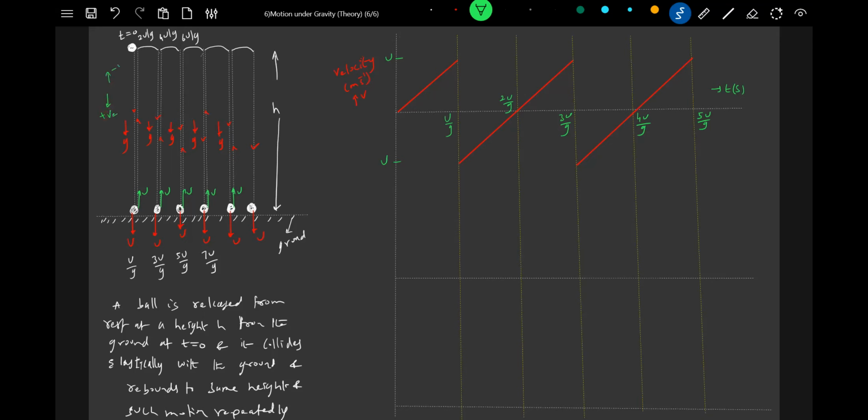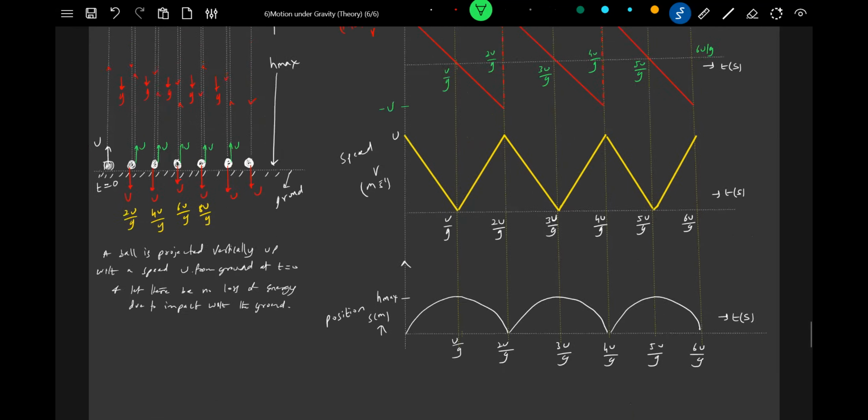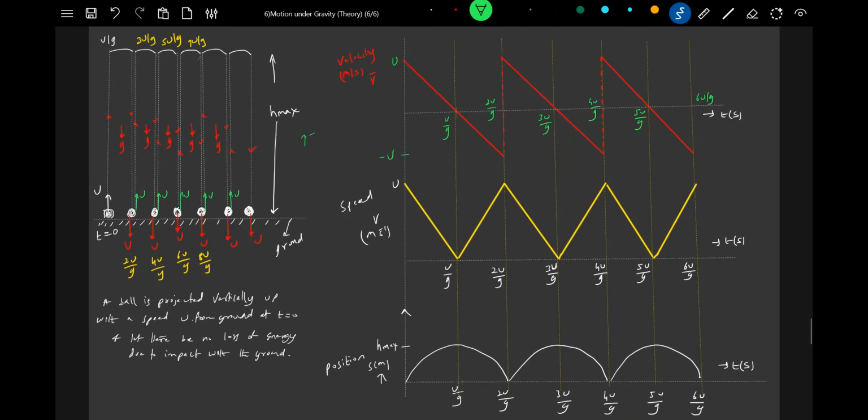Here, what is the convention? Positive. This is negative. Previously, what was the convention? Upward was positive, downward was negative.